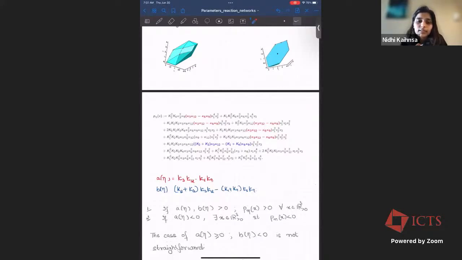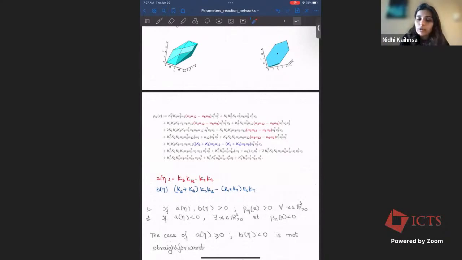What do you mean by positive? You mean positive for all choices of the parameter? No, we fix the parameter and we check whether for that fixed parameter my polynomial is positive or negative. And we want to do this for all parameters in the parameter space.